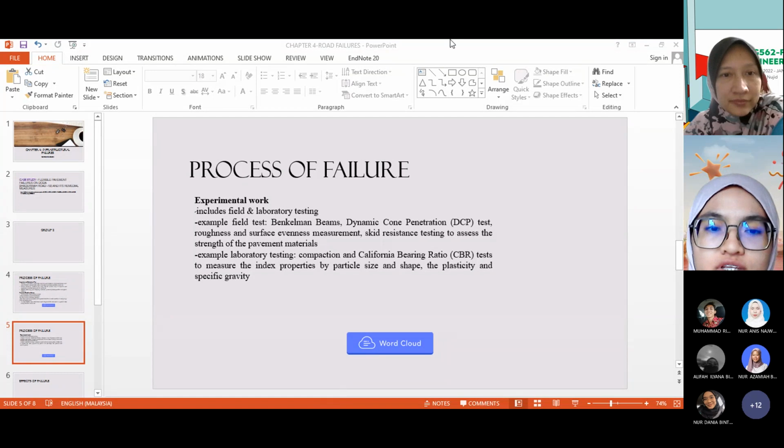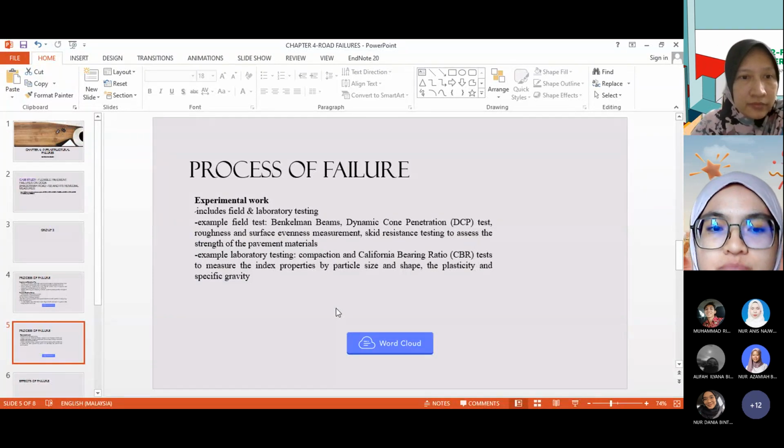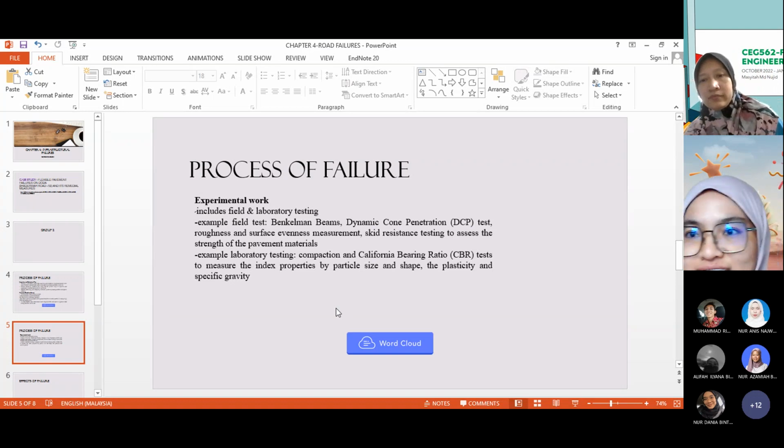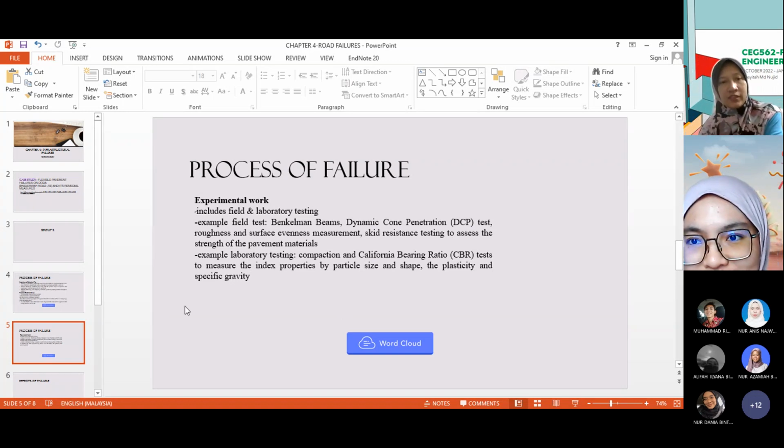Next, the example of laboratory testing is like compaction and California bearing ratio test. This test is to measure the index properties by particle size and shape, the plasticity, and the specific gravity. Next, I will pass to the other group.